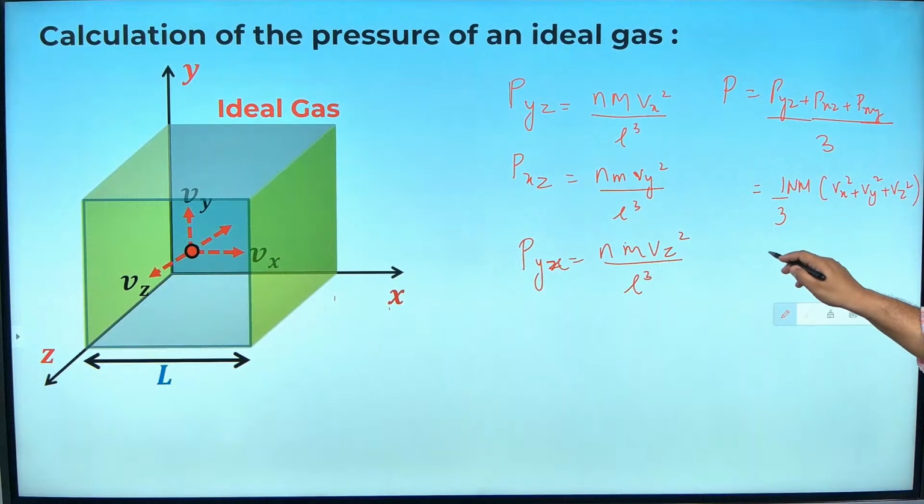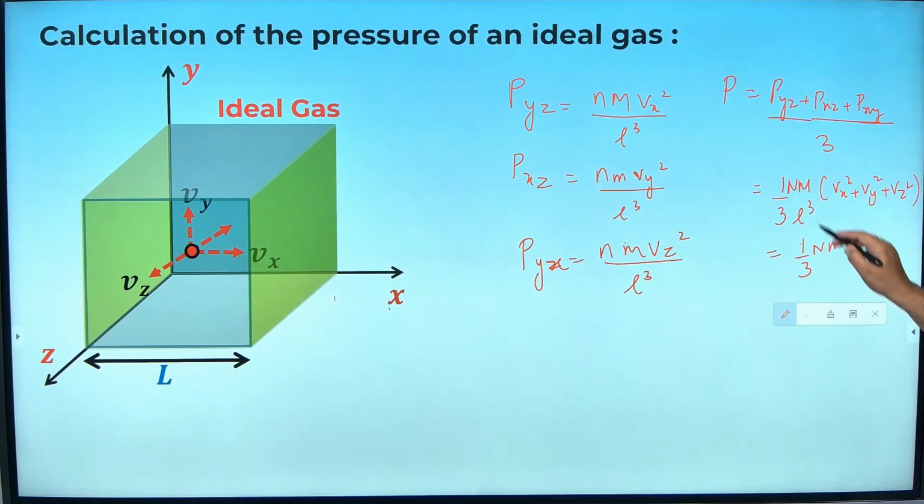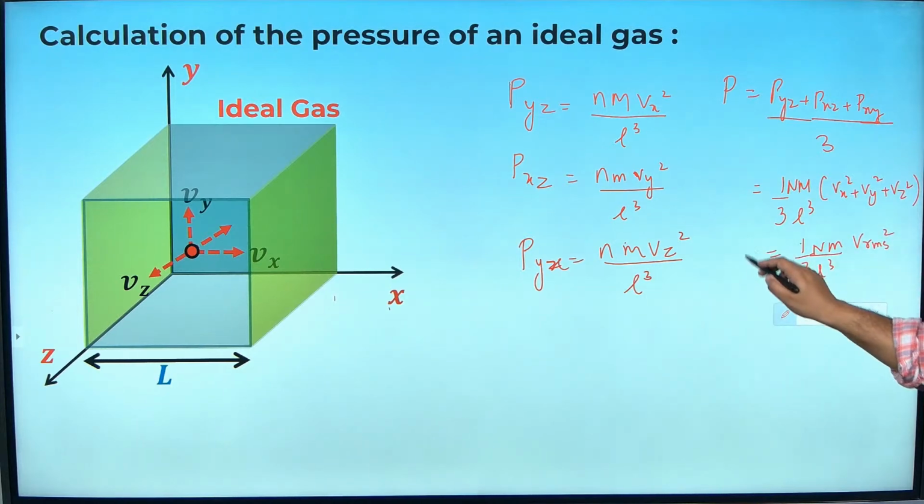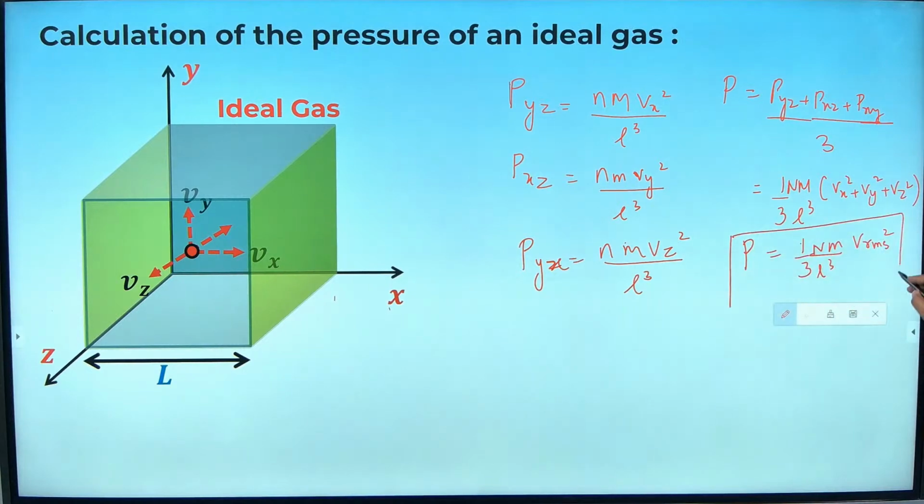This is only called as V rms square. So 1 by 3 nm V rms square, divided by L cube also is there.